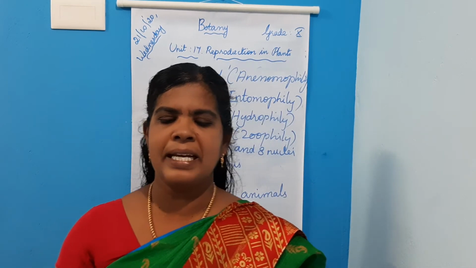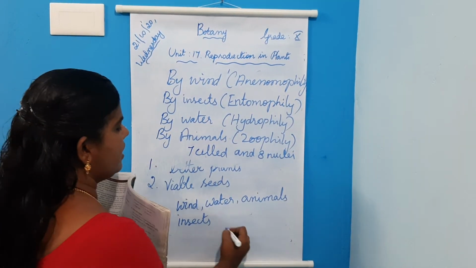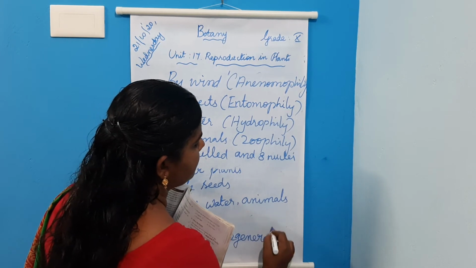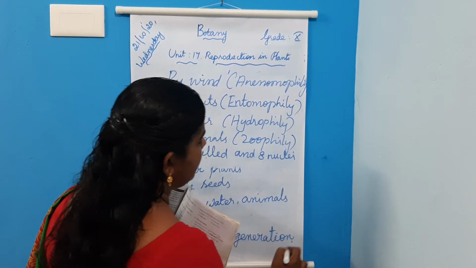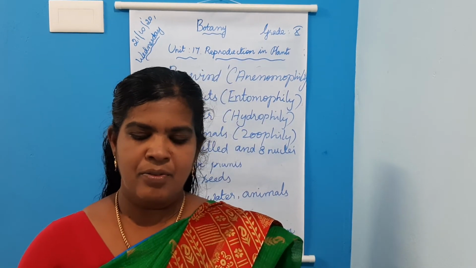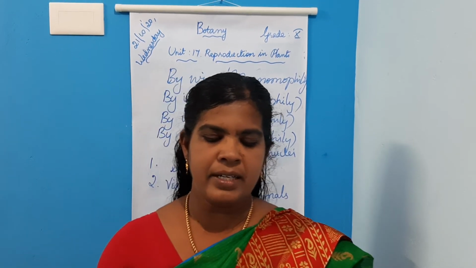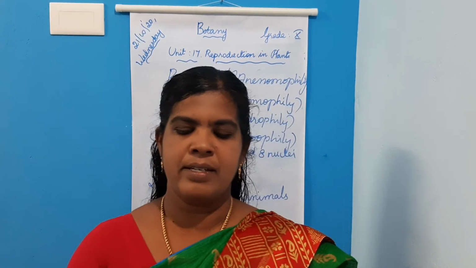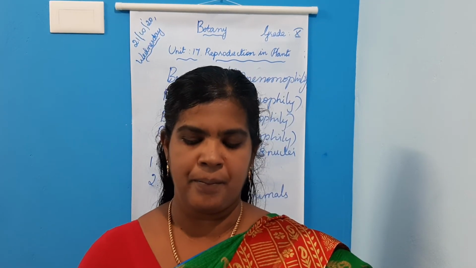Answer: fruit. Planaria reproduces asexually by regeneration. In the last class we all studied regeneration. Now match the following. Roman number 3: fission, amoeba; budding, yeast; fragmentation, Spirogyra.